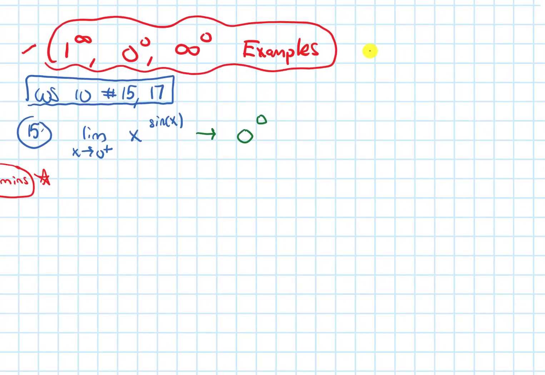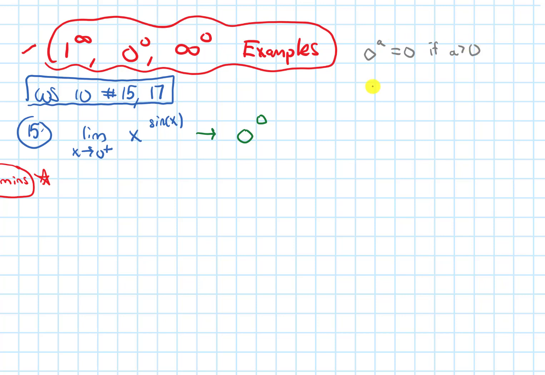In general, if I have 0 as the base, and I have an exponent, which I'll call a, this is going to be 0 as long as that exponent is positive. So 0 to the a is 0 typically, as long as that exponent is positive.